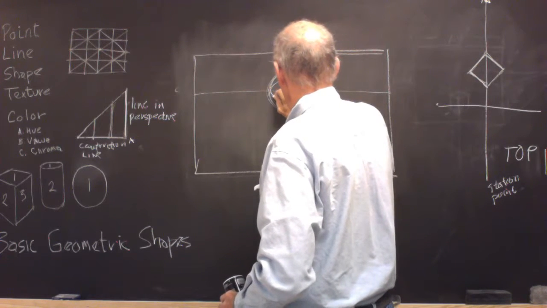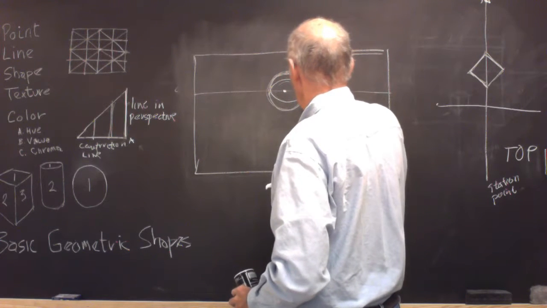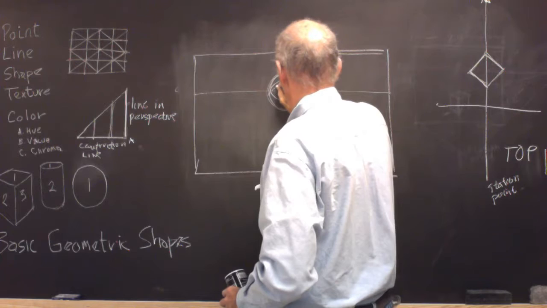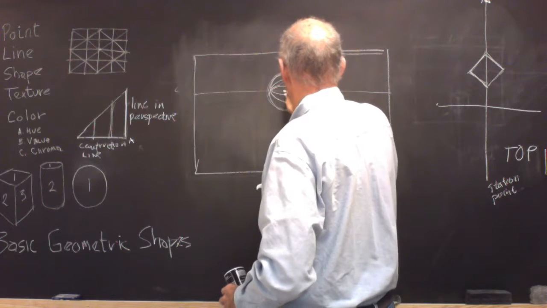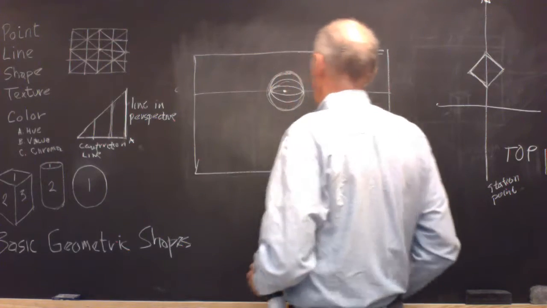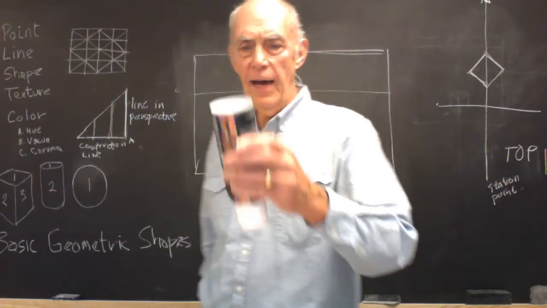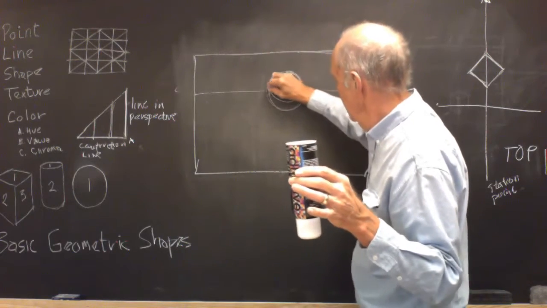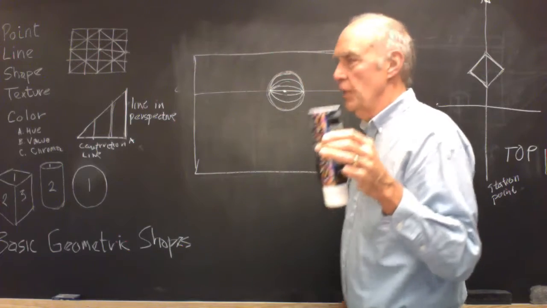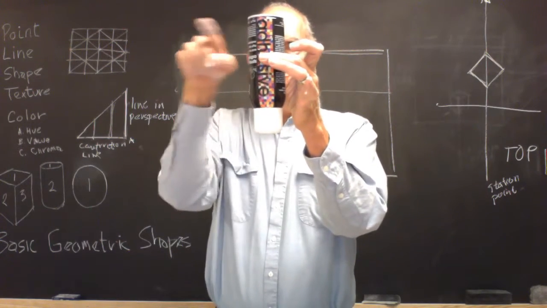So a circle in perspective is an ellipse. Now, if I keep rotating this, it's going to turn into a line. It's going to be a straight line.